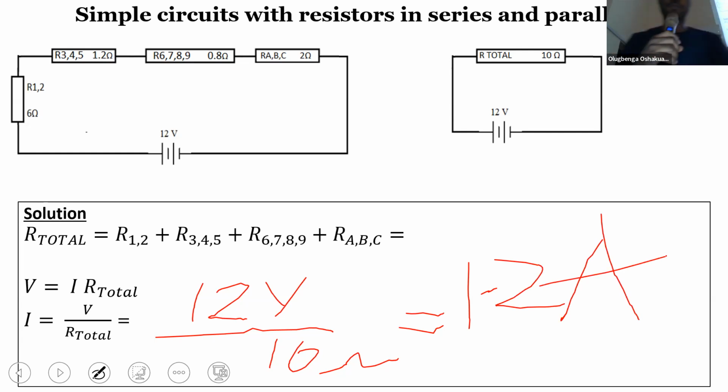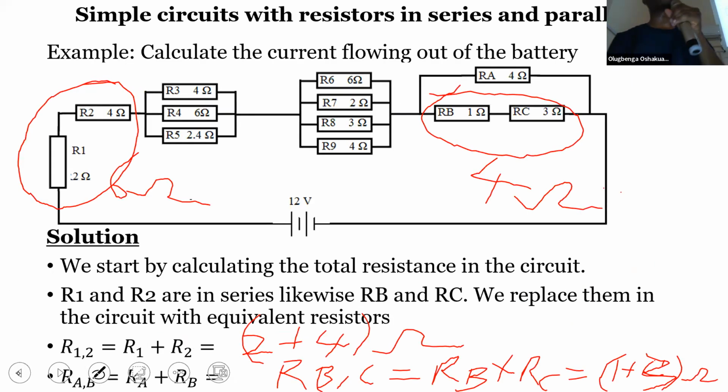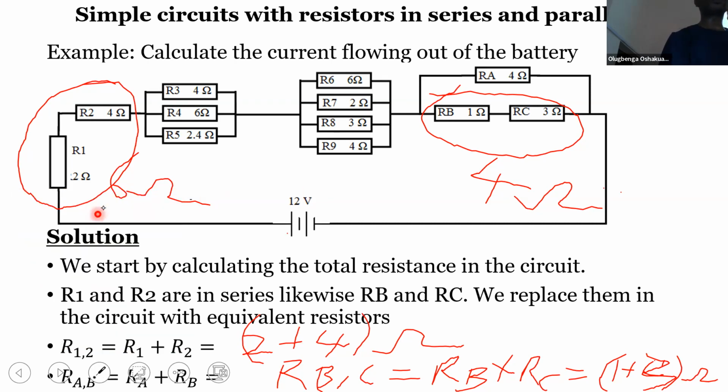So the current that will flow through this circuit, that will flow out of this 12 volts battery, is 1.2 amperes. So what that tells us is that 1.2 amperes will flow through R1, 1.2 amperes will flow through R2, 1.2 amperes will split into 3 different fractions.